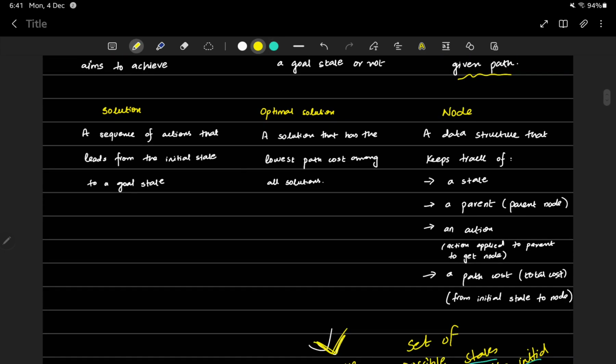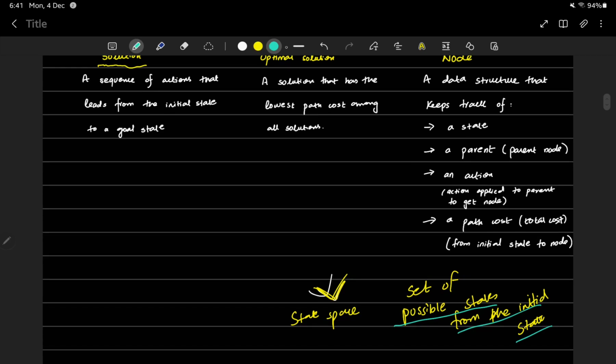Now let's talk about what is a solution. A solution is a sequence of actions that leads from the initial state to the goal state. A very simple example can be, let's say I'll take these things again with a bit of a twist.